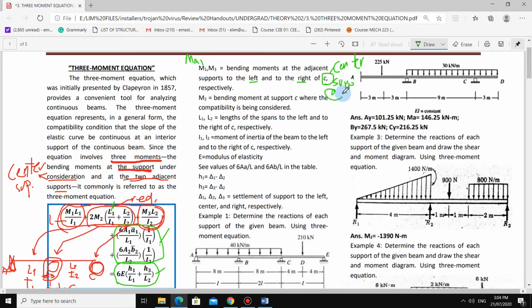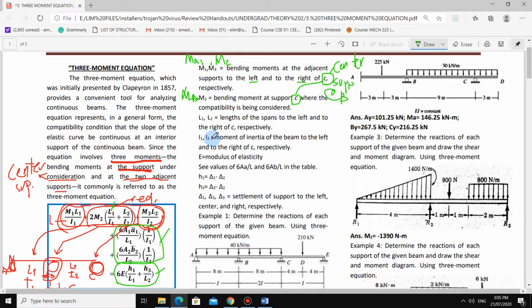At point B, which is our center support. Then M3, guys, is MC on the right support. And M2, guys, is the bending moment at support C, or the center again, where the compatibility is being considered, which is MB in our illustration.